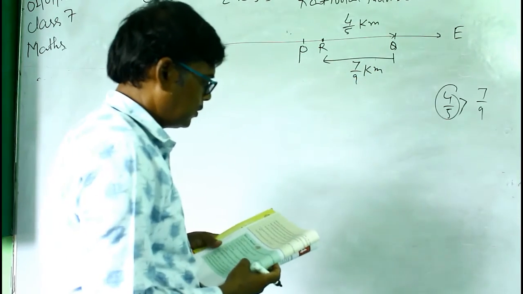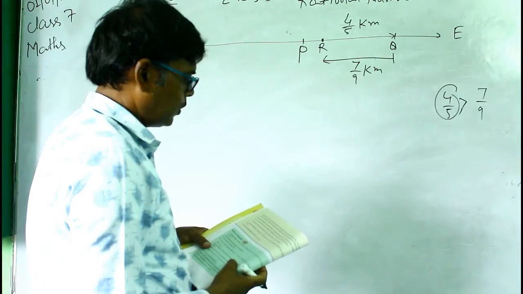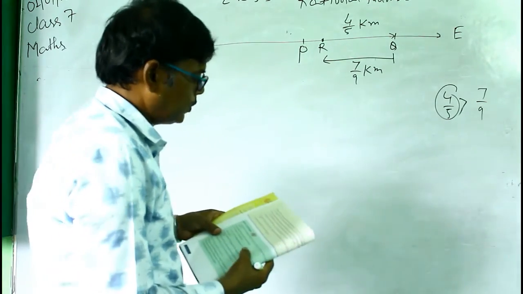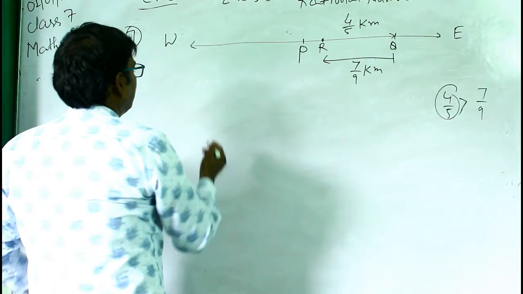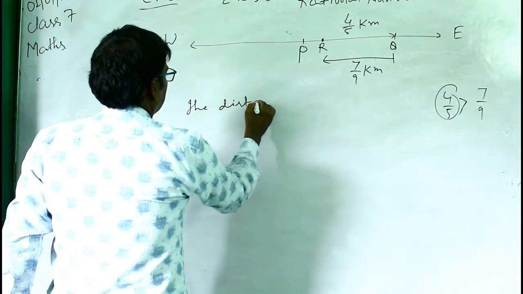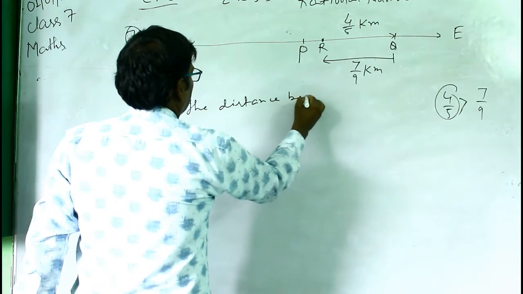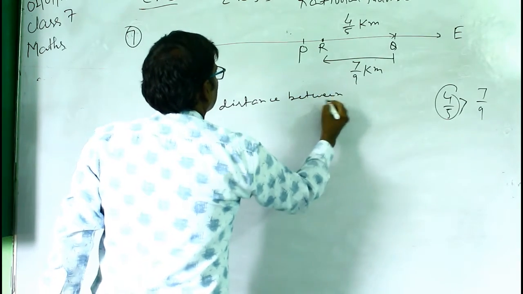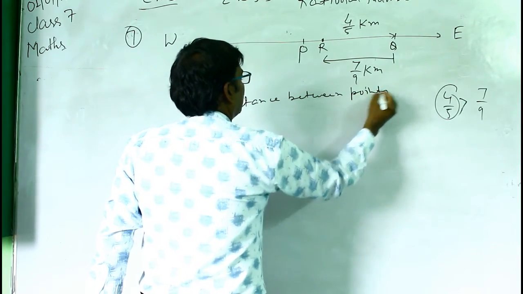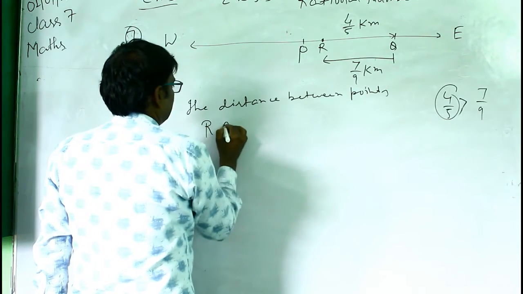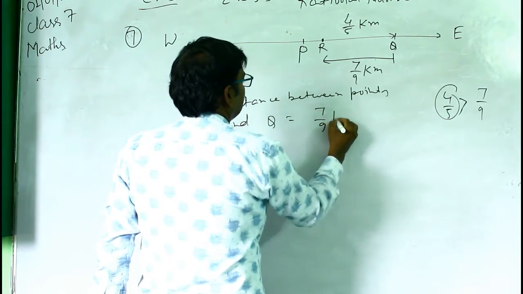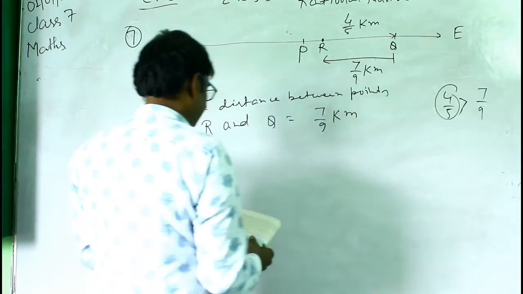Then we have to find the distance between the points R and Q. The distance between R and Q is 7/9 kilometer.